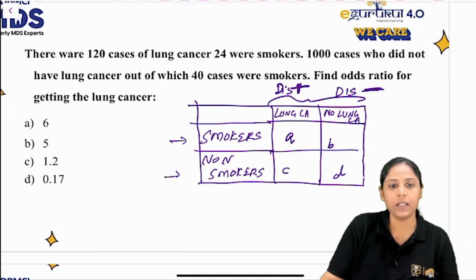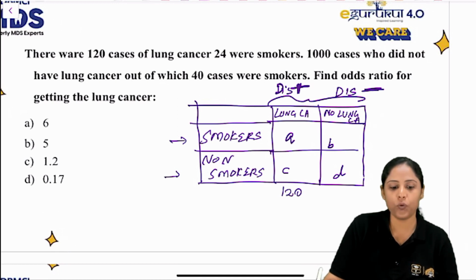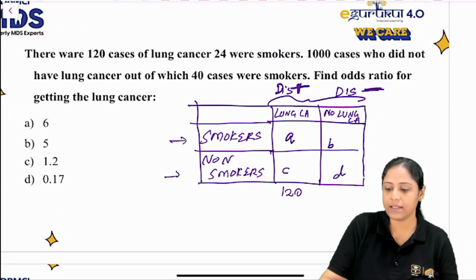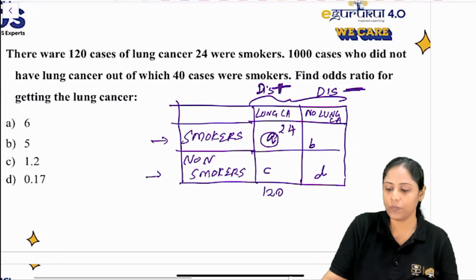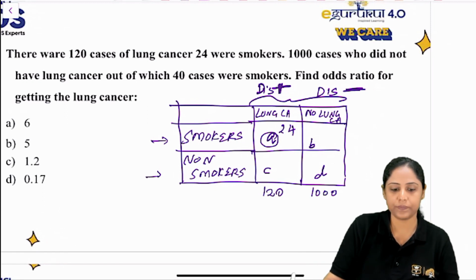So here, according to the question, there were 120 cases of lung cancer. So that means disease present is 120. 24 were smokers, so A is 24. 1000 cases did not have lung cancer, so B plus D is 1000.